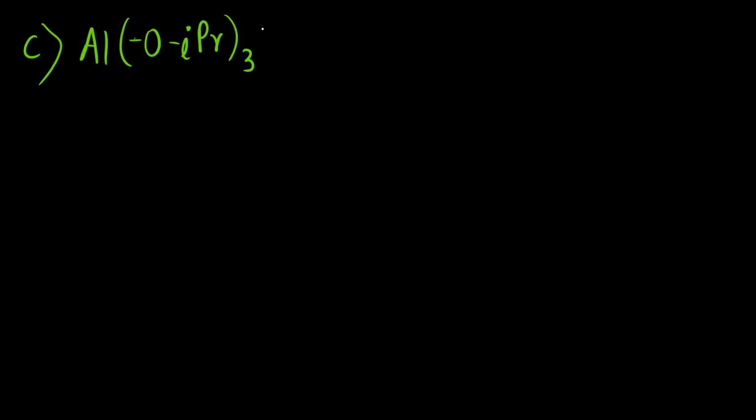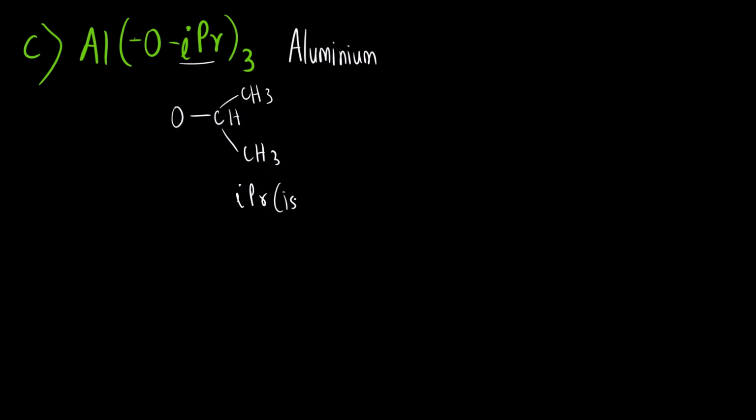Okay, what is the name of this reagent? This is called as aluminium. This is O, and IPR means isopropyl group, CH3 CH3. This is called as IPR, or it is also called as isopropyl group.